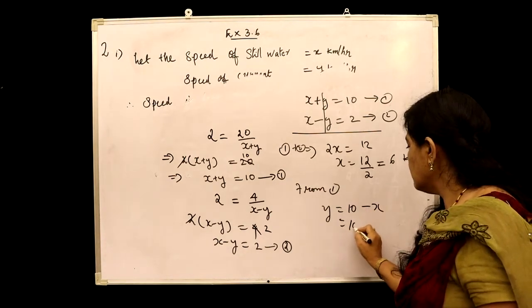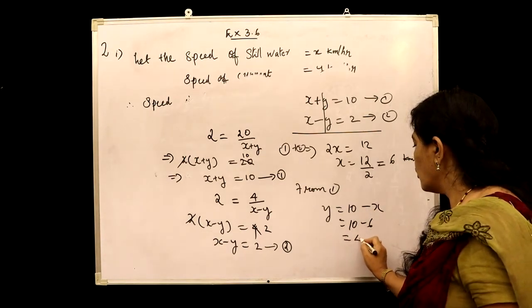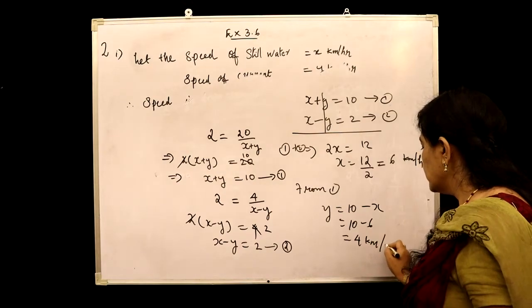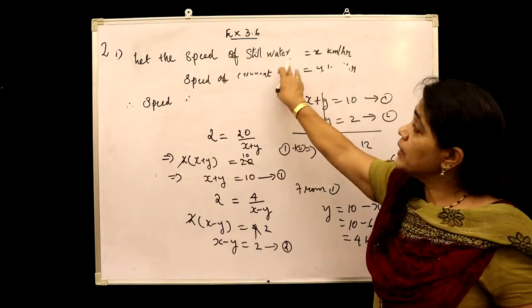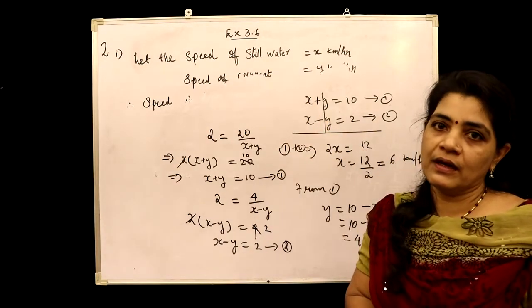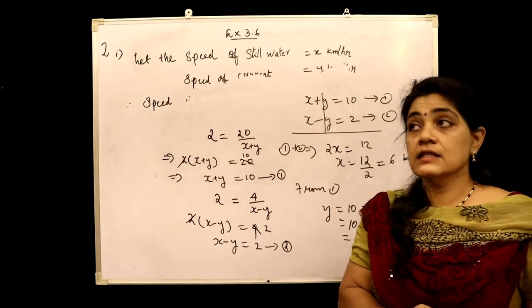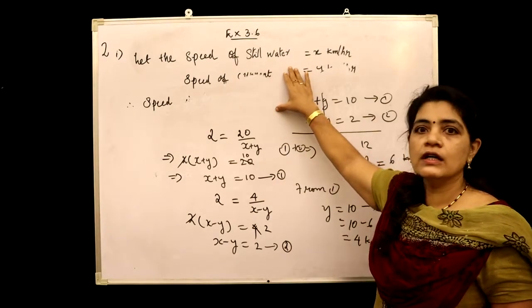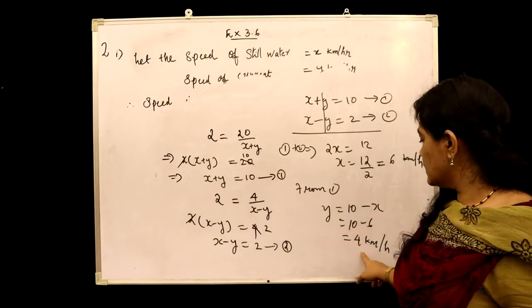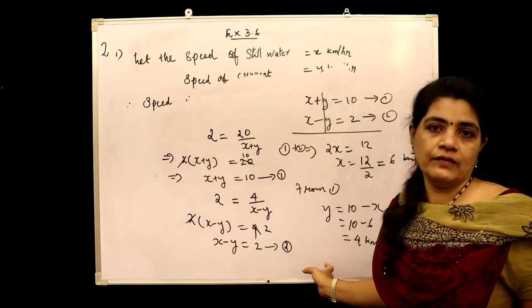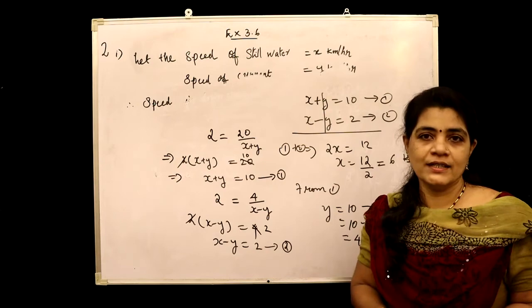So that is 10 minus 6, that is 4 kilometer per hour. Since we have taken x and y as speeds, the unit is kilometer per hour. So x, the speed of still water, we have got as 6 kilometer per hour, and the speed of the current, y, we have got as 4 kilometer per hour.